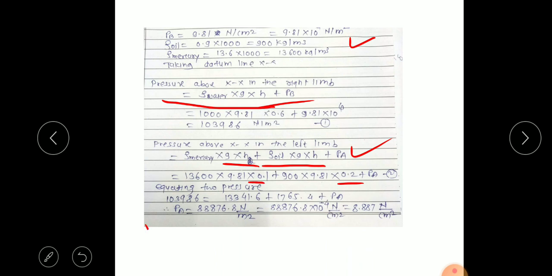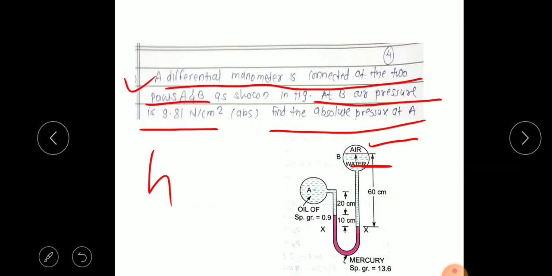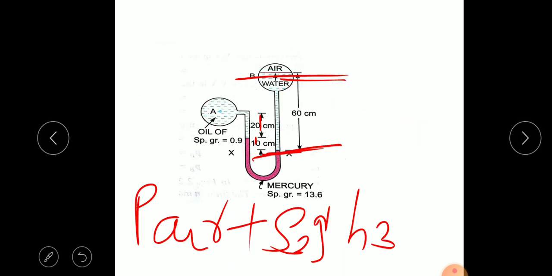Equating these two equations, the unknown is PA. So in this numerical we have to consider carefully selecting the datum line, consider what fluids or liquid columns are above this datum line, write the balance equation, and by equating the two pressures above the x-axis we get the unknown quantities.